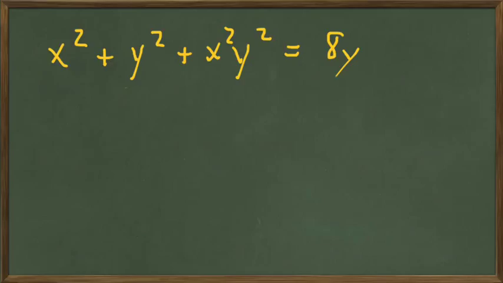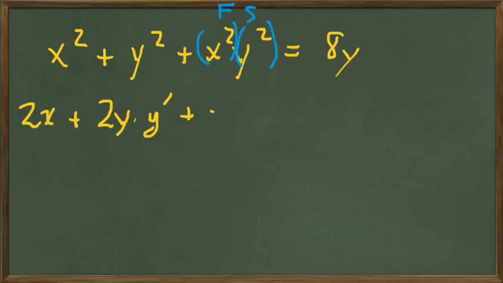So let's take the derivative of each term. Power rule on this gives 2x. Start with the power rule on the y term and get 2y, but then we tack on the y prime as required. We're taking the derivative of this term, we have to use the product rule.